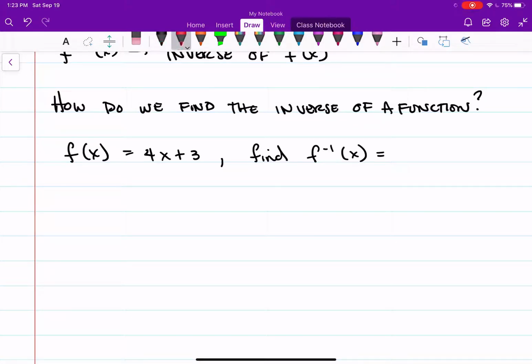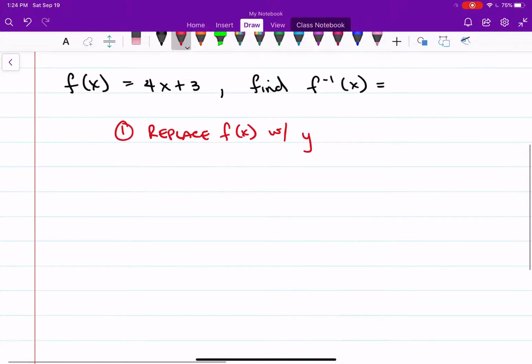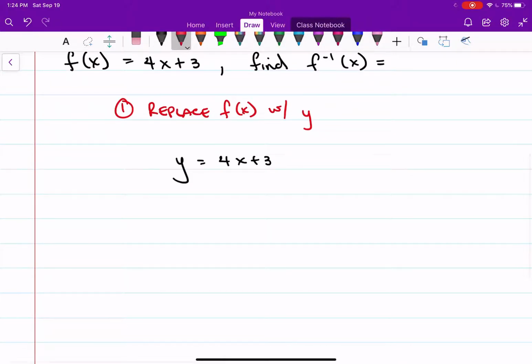So what should I do? So first, we're going to replace f of x with y. So, okay, so y is equal to 4x plus 3. And then, step 2, switch the x and y and solve for y again.